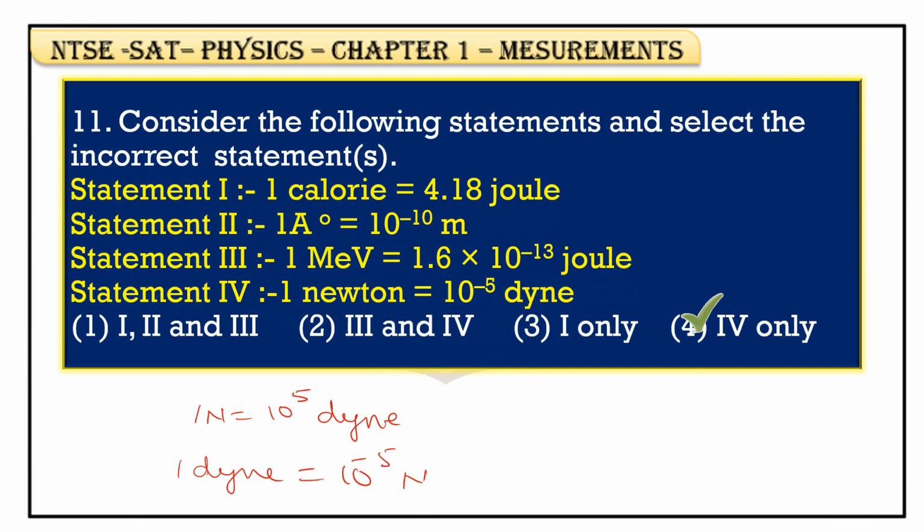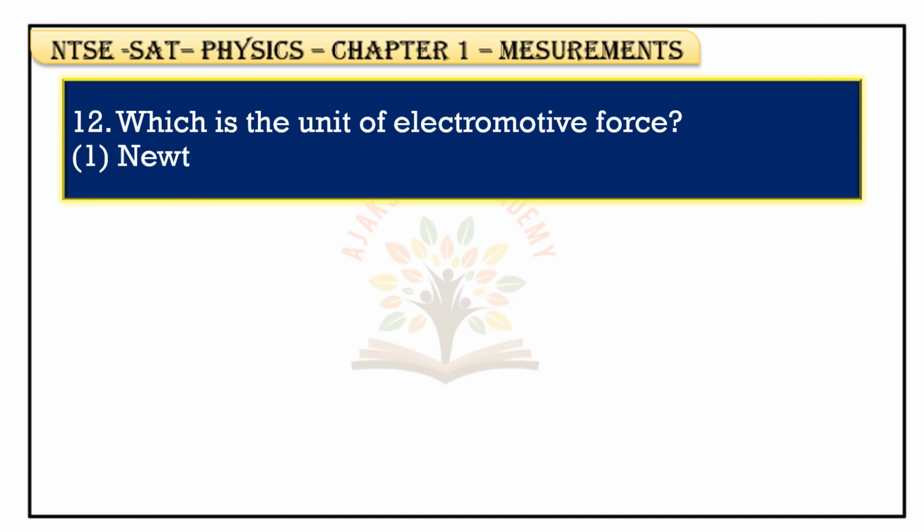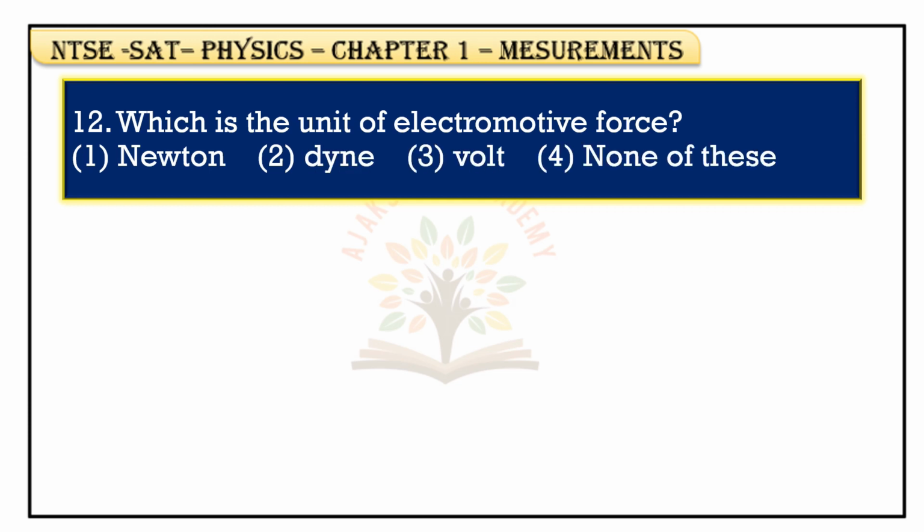Okay, next, which is the unit of electromotive force? Newton, dyne, volt, none of these. Here Newton is the unit for force and dyne also. SI unit of force is Newton, CGS unit of force is dyne, and volt, electromotive force, is not a force, its unit is volt.